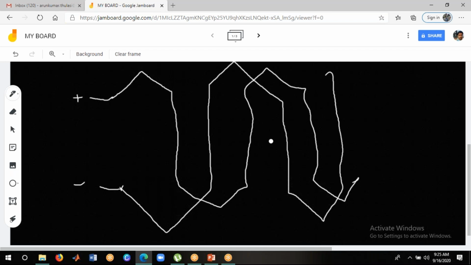This winding arrangement is called wave winding, armature wave winding. Now let me see how the lap winding will be.